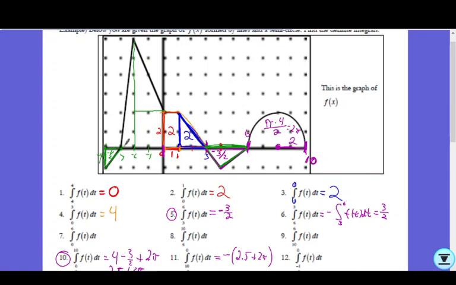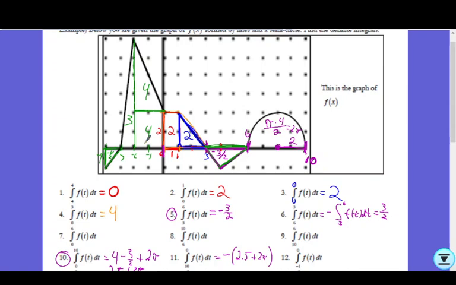So base is 1/2. The height is 1, 2, 3, 4, 5, 6. 6 times 1 divided by 2. This area is 3. This base is 2. 1, 2, 3, 4. So 4 times 2 is 8 divided by 2 is 4. And this is 4 here.